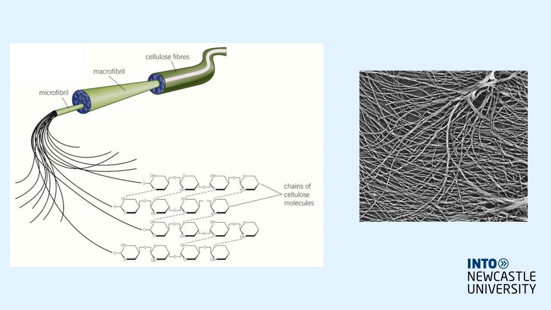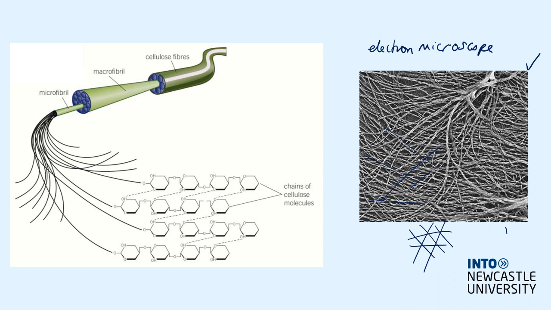What cellulose does to be such a strong and straight structure is it forms bundles with itself. The image on the right here is a picture taken by an electron microscope. Hopefully you can see the straight lines across the structure, forming this kind of mesh of cellulose.